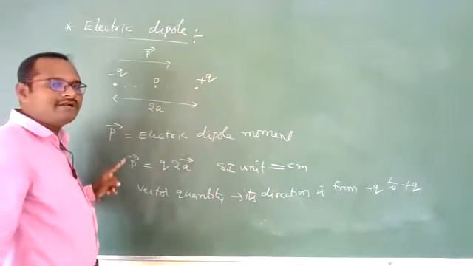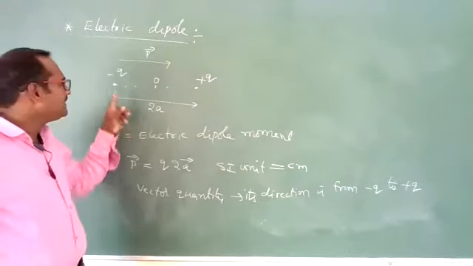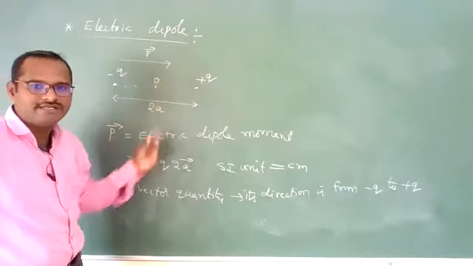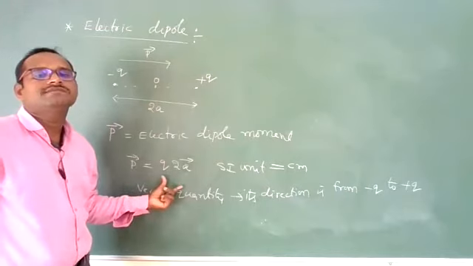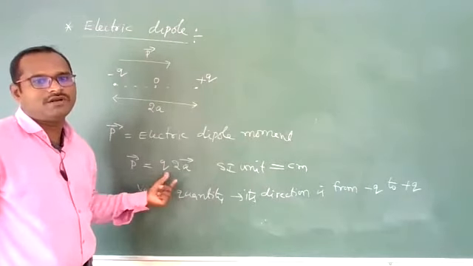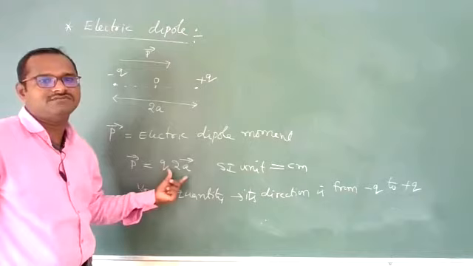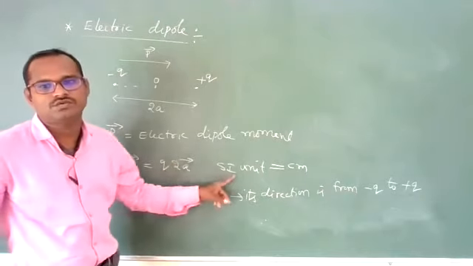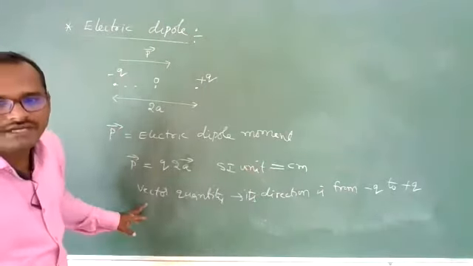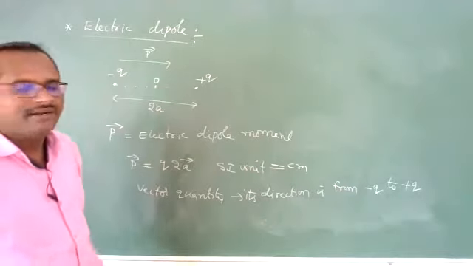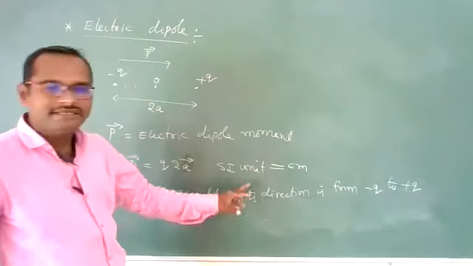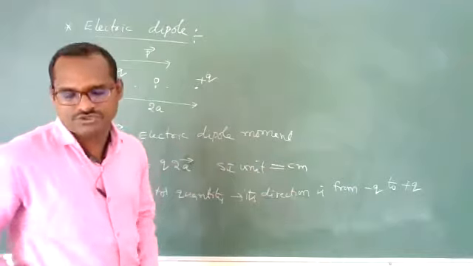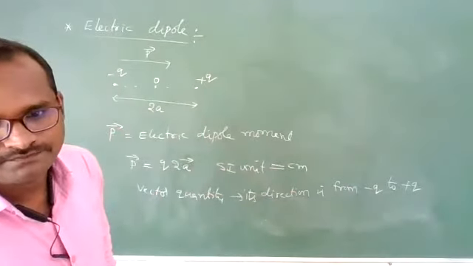It is defined as the magnitude of any one of the charges into the distance between the two charges. SI unit is coulomb meter, it is a vector quantity, and its direction is from negative charge to positive charge.